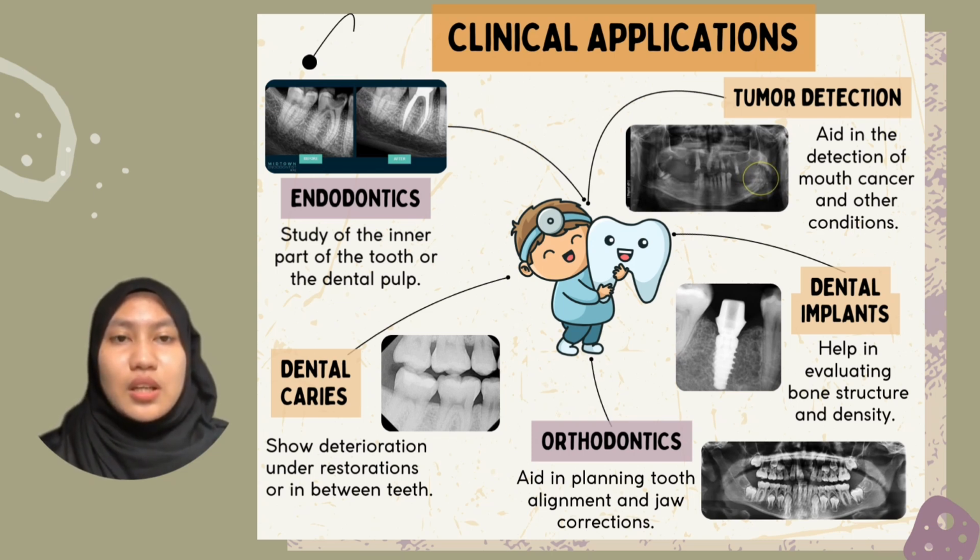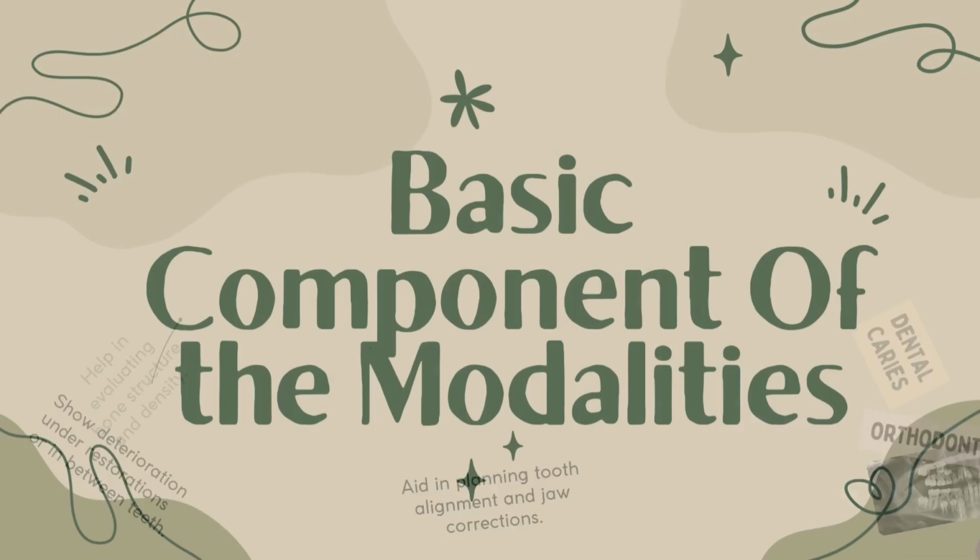Then lastly, radiographs are widely used in orthodontics, where they aid in planning tooth alignment and jaw corrections. Then we can use cephalometric and panoramic images to provide a comprehensive view for proper diagnosis and treatment planning.